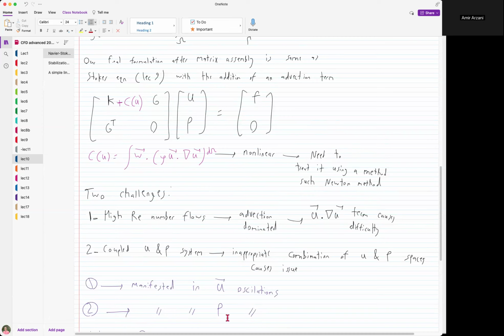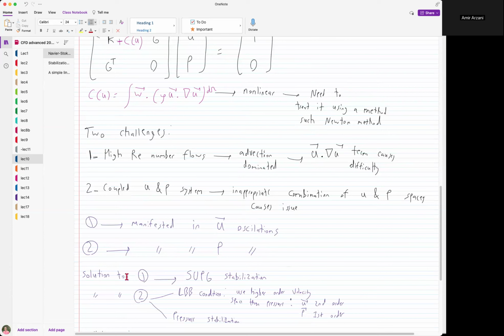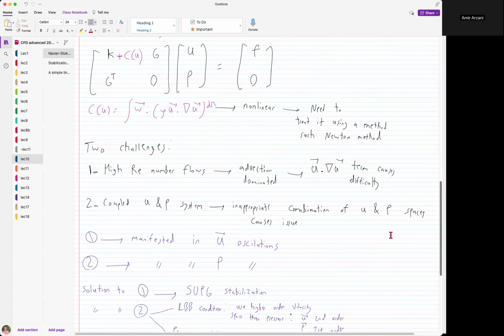Challenge number two shows up in pressure oscillations. So your pressure is going to get messed up, and it can ultimately cause blow up of your simulation. So now to resolve these two issues, for choice number one, the SUPG stabilization method needs to be used. Okay, so we have to use the SUPG stabilization for choice one.